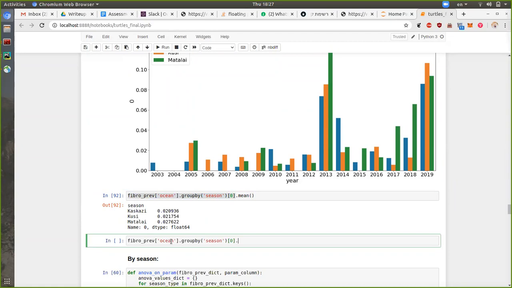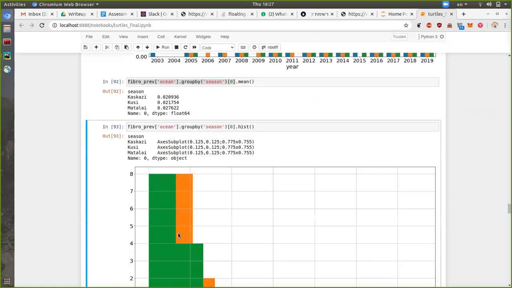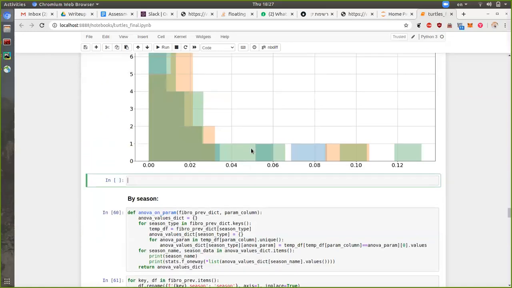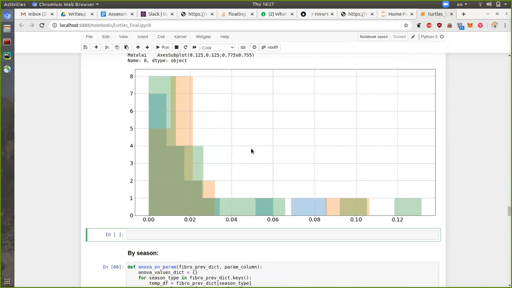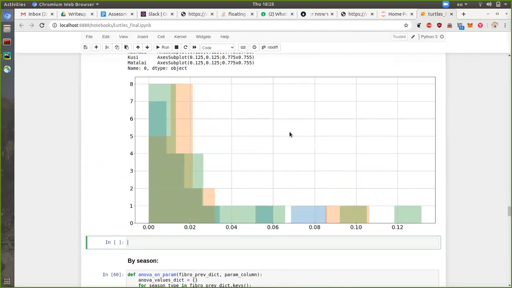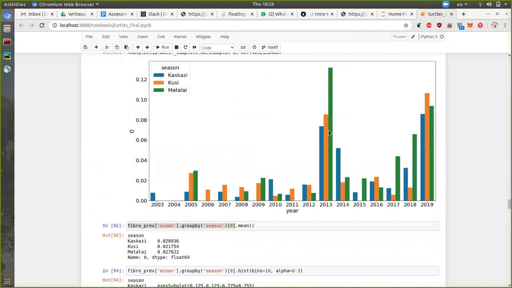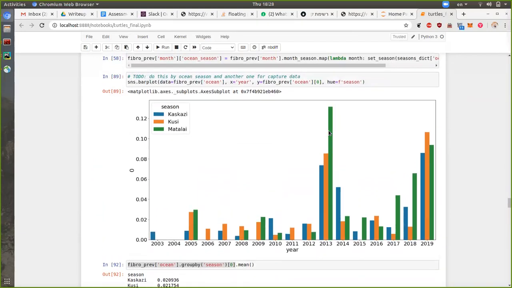Like we did an ANOVA according to months or something. Not the graph per se, but the analysis. Sorry, what were you saying? I was saying, what if we did the analysis according to month instead of season? Because Matalai is so noisy. Is it a particular month?